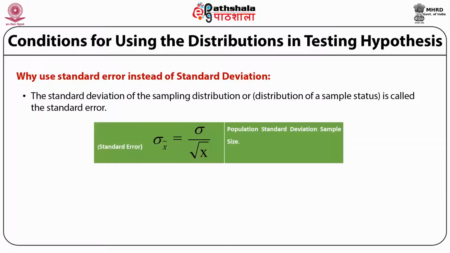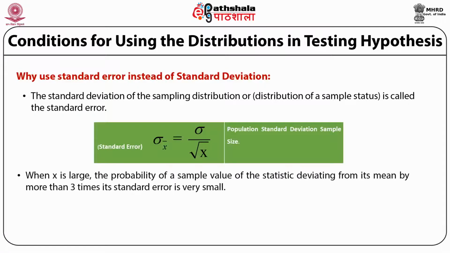And the standard error formula is sigma x bar is equal to sigma upon square root of n, where n is the sample size. When n is large, the probability of the sample value of the statistic deviating from its mean by more than 3 times its standard error is very small.